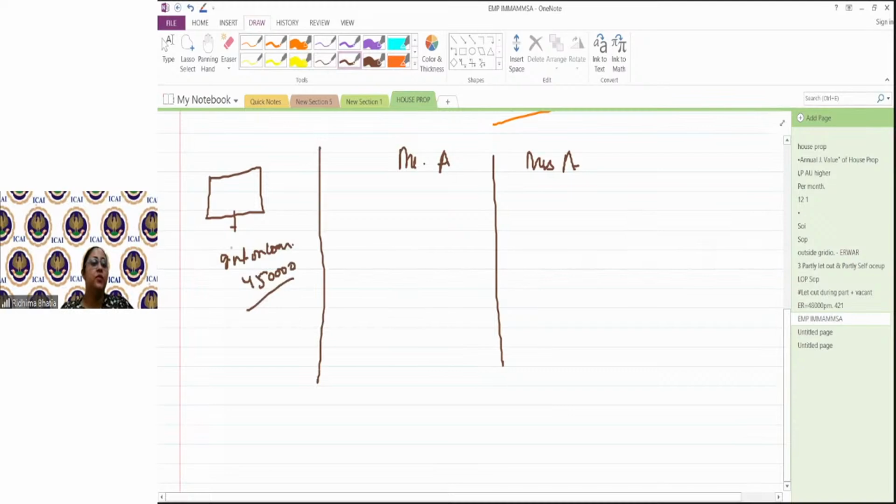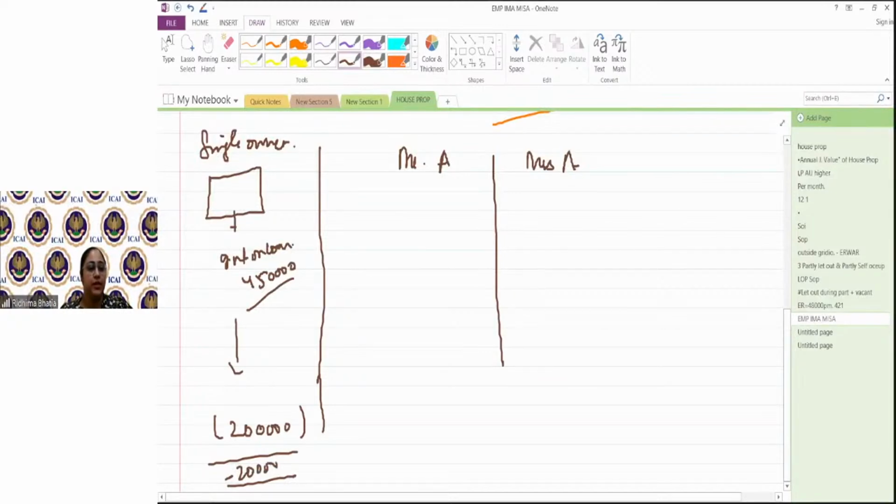Now, if this had been with one owner, what would you have done? If this is a construction loan, you would have said that, ma'am, a deduction of 2 lakhs for interest on loan, because the maximum is up to 2 lakhs, so loss from house property would have been minus 2 lakhs, right?